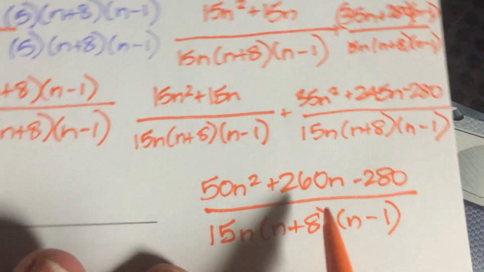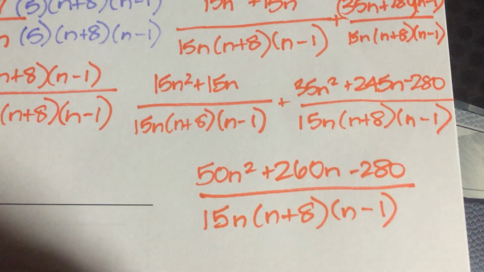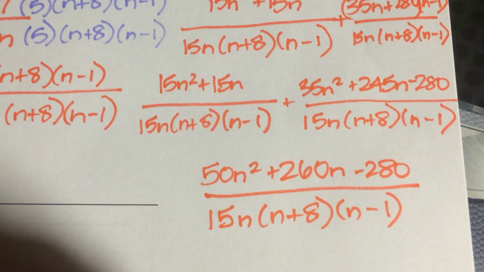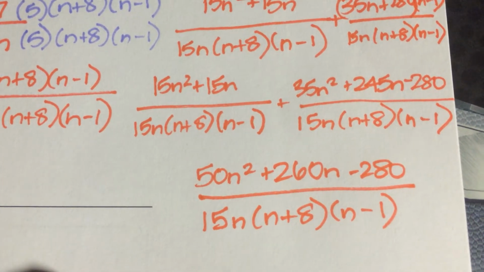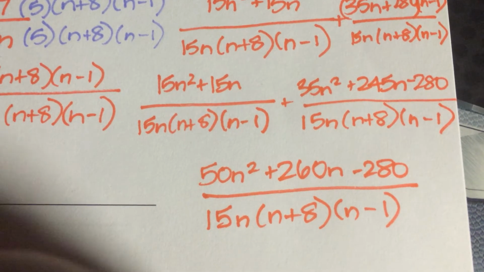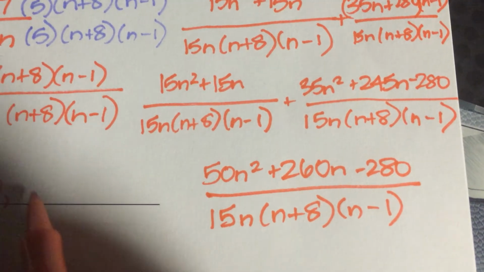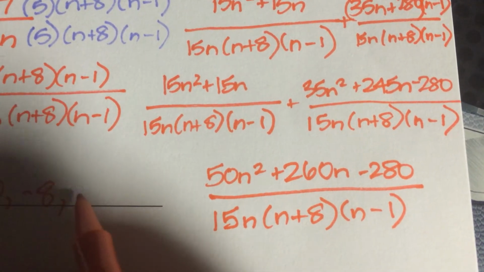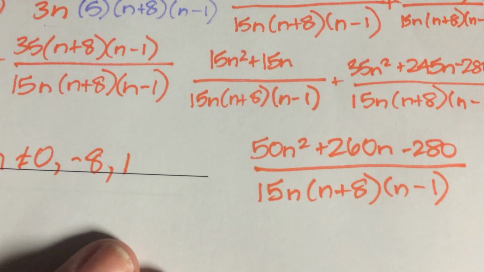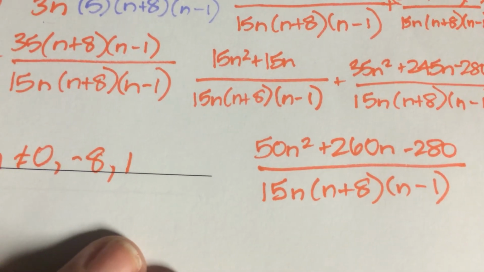So my restrictions are going to be what makes my denominator 0. So that means that n cannot equal 0, it can't equal negative 8, and it can't equal 1.